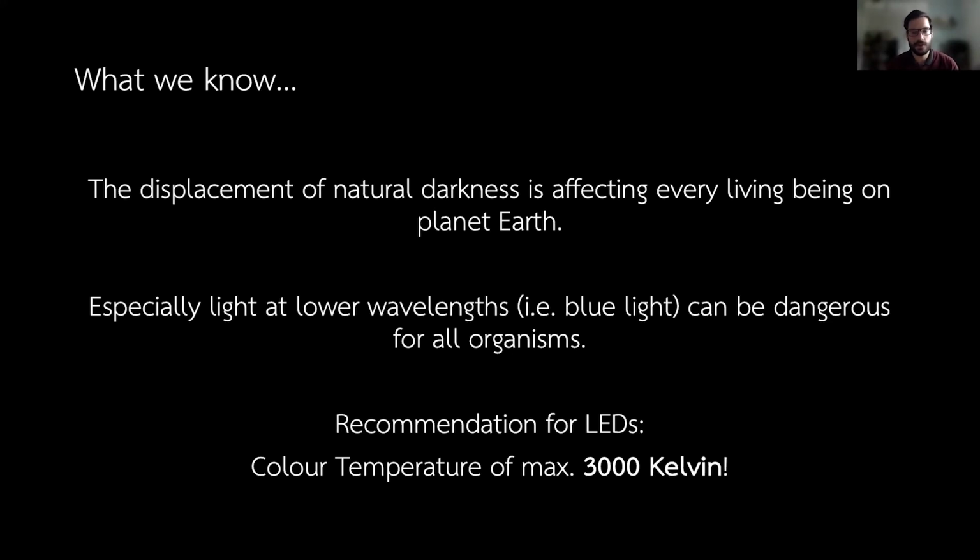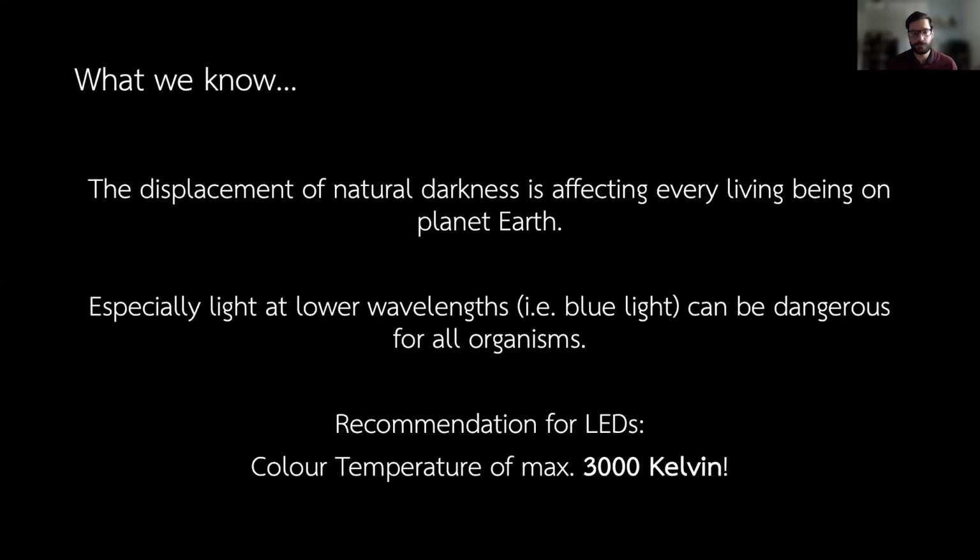So if you go into a shop where you can buy LEDs and light bulbs, you can always see that there are warm white ones and cold white ones. And the warm white ones are normally between 2700 and 3000 Kelvin. This is normally the maximum of blue light we want in the outside. So this, in fact, is the recommendation from the light pollution community or researchers, what we give as a number.